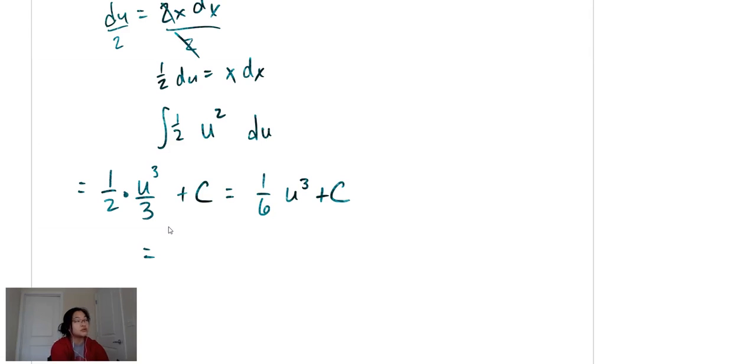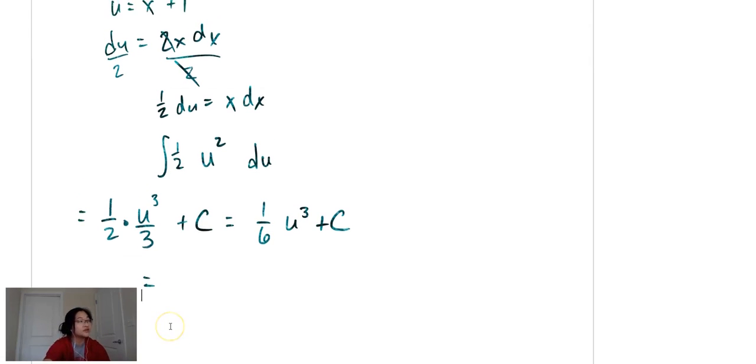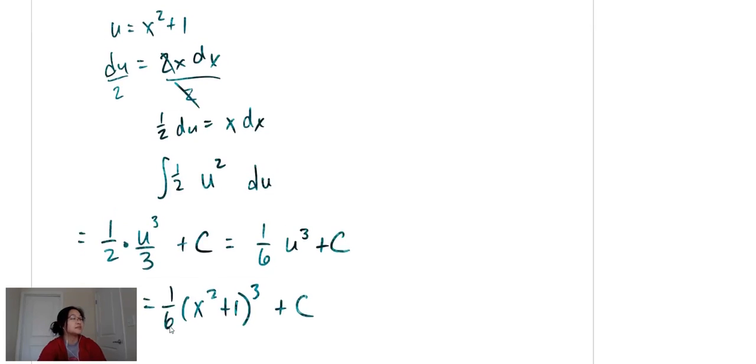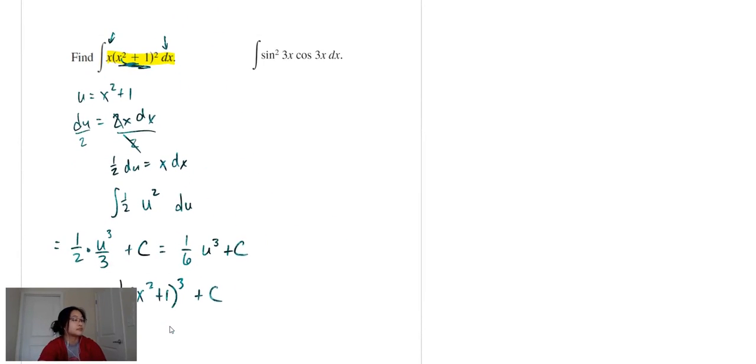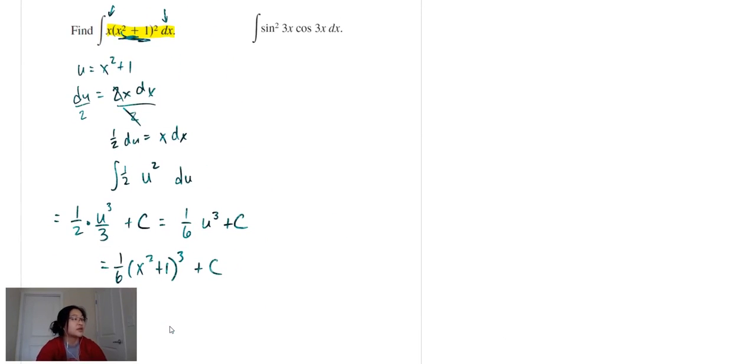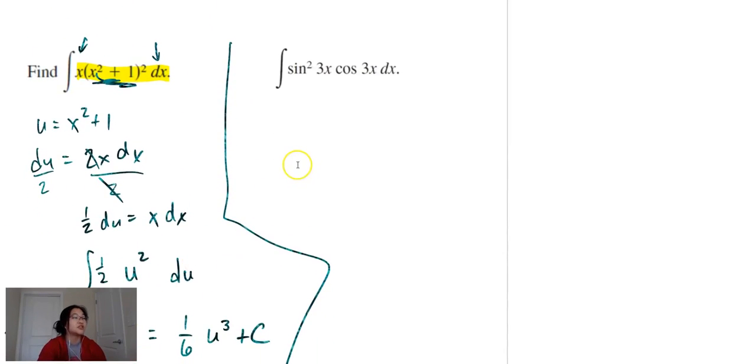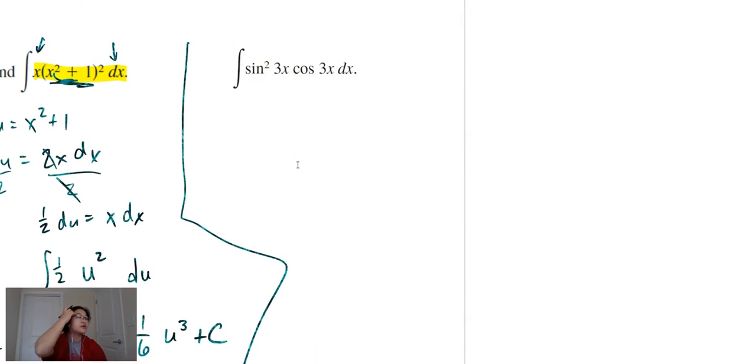And what's u? I forgot, it was all the way up there. x squared plus 1. So we have 1/6 x squared plus 1 to the 3rd power plus c. There we go. All right. How about for this one? What's the inside function? We have sine squared of 3x times cosine of 3x.